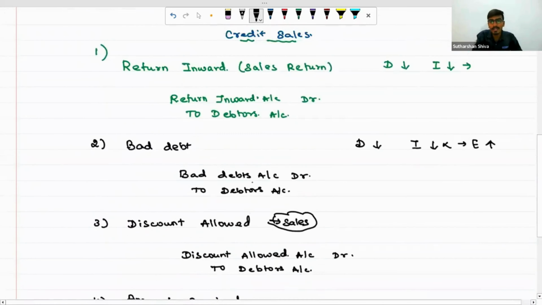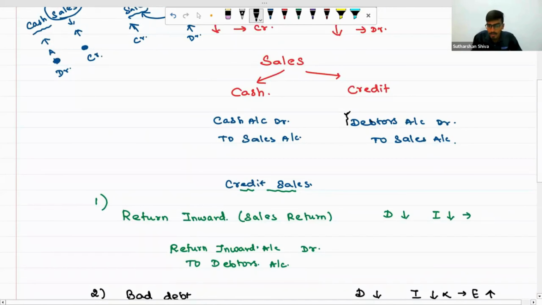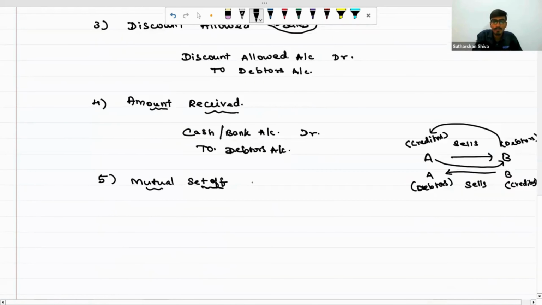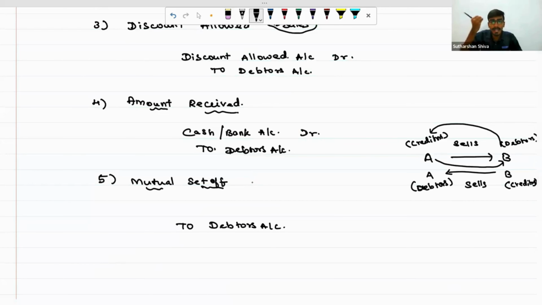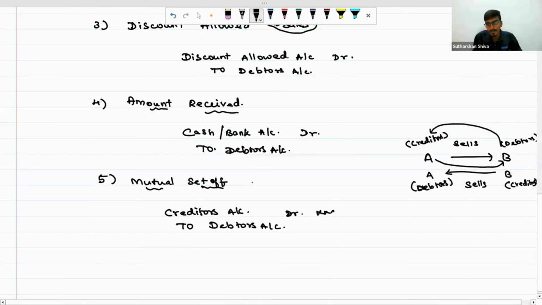What is the actual debit entry? Debtors we have shown on the debit side. We will decrease the debtors amount. Creditors, at the time of making a credit, can be on the liability side. Now we will cancel it off because we are mutually setting off. We will do it on the debit side. So creditors account debit to debtors account is a mutual set off.